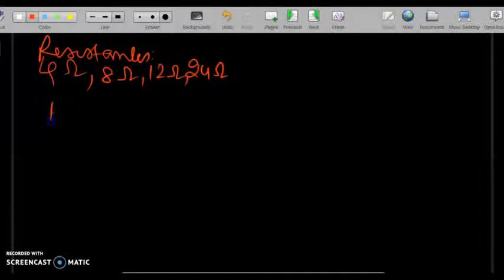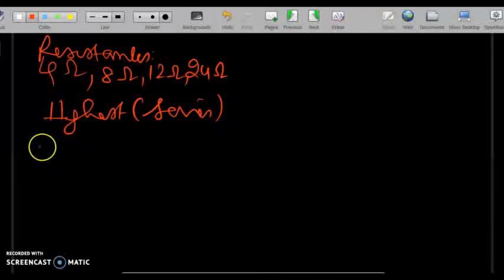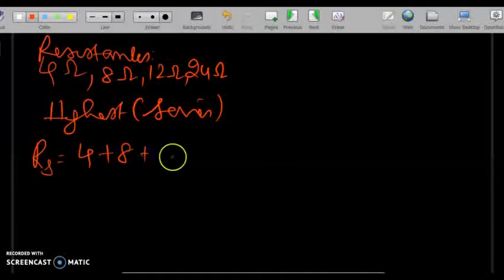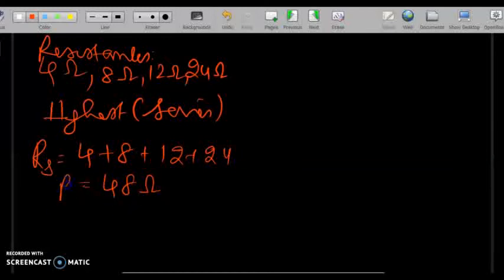The highest I'll get in series. So RS, the highest, will be equal to 4 plus 8 plus 12 plus 24. That'll be 24 plus 24, that's 48 ohm. So that's the highest resistance you get.